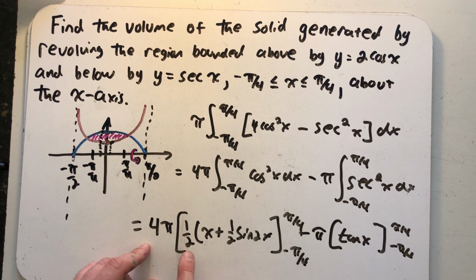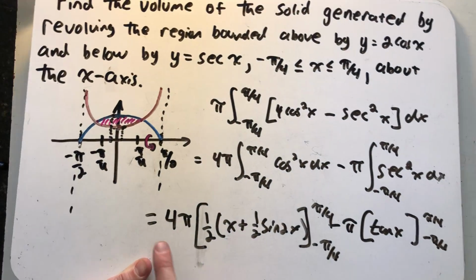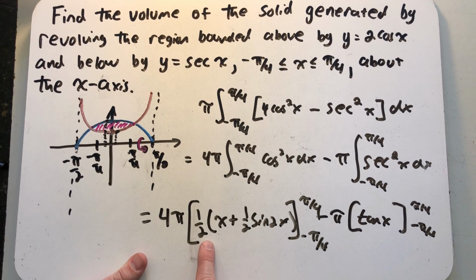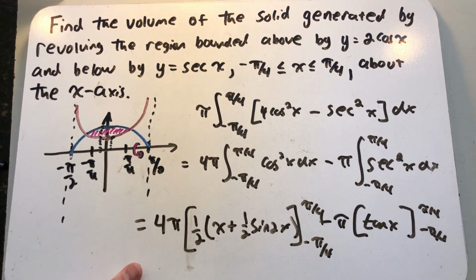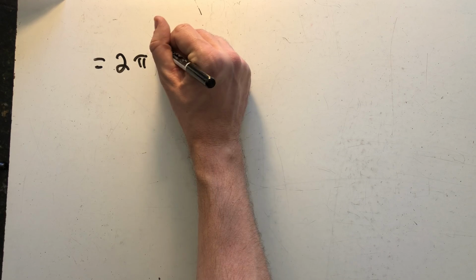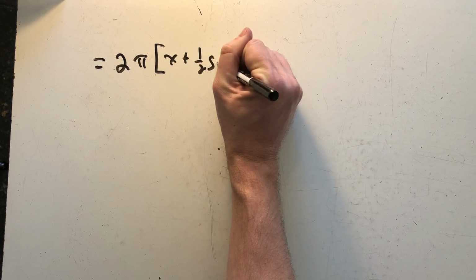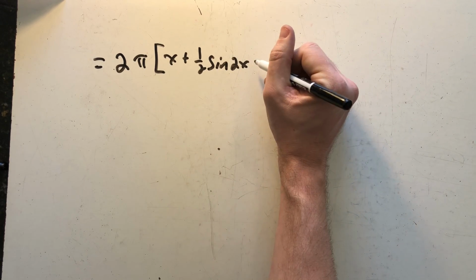I have 4 pi times all of this evaluated from minus pi fourths to pi fourths. So we're ready to evaluate now. And so if I just look at this last bit here, I'm going to rewrite it a little bit. I'm going to say that 1/2 times 4 is 2. So that would tell me I really have a 2 pi hanging out front there of that x plus 1/2 sine of 2x.